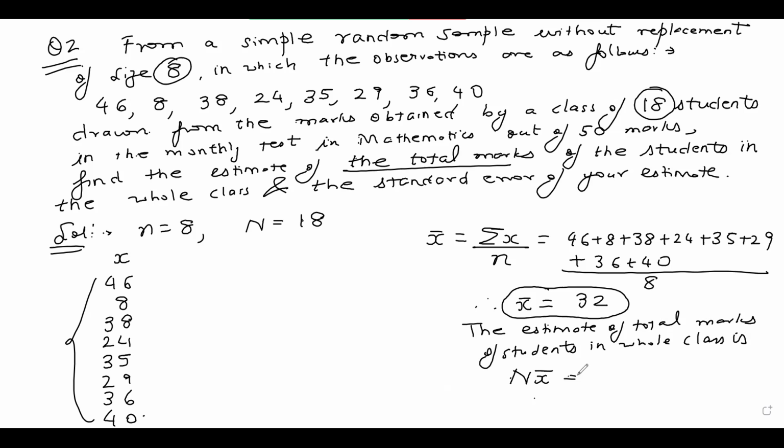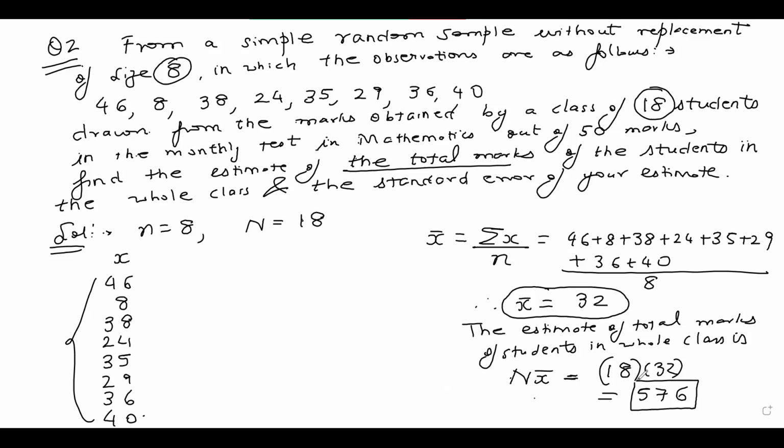What is N? Capital N is taking the value 18 and x bar takes the value 32. So this is N x bar. So 18 multiplied by 32 is 576. That means this is the estimate of the total marks in a class of 18 students.